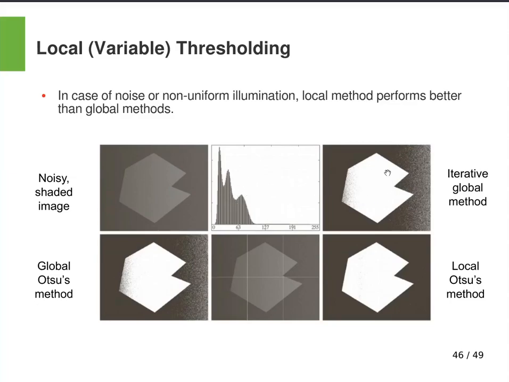If you do the basic global thresholding method, this is the thresholding result that you get. There are regions in the object that are segmented as black, and there are regions in the background that are segmented as white. The global Otsu's method is not that much different, but if you divide this image into 6 sections and you find the threshold for each one of these 6 sections, you can get to this segmentation result using the local method.